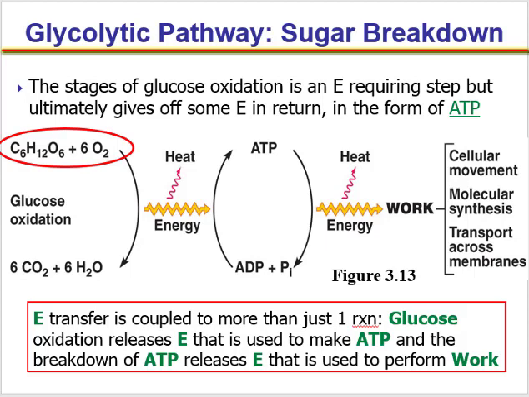Heat is released along the way with energy needed for the next step in the process, which is a phosphorylation reaction that places a terminal phosphate group on the end of an ADP to give us ATP. So adenine diphosphate becomes adenine triphosphate, ATP, our universal energy source. You can refer to figure 3.13 in your text.